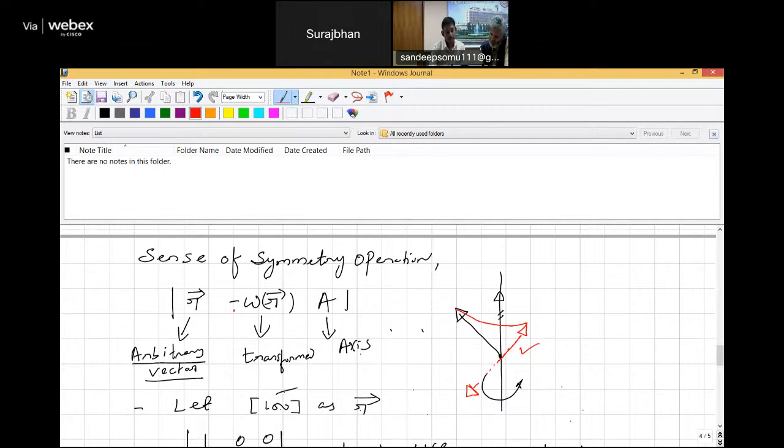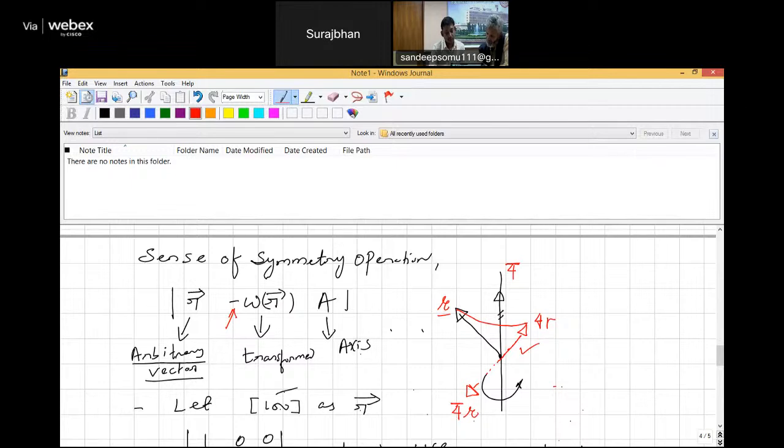That's why this minus sign is here. Say this was a 4-bar operation, and this is Suraj's vector R. Then this is 4-bar R. But by multiplying minus with minus, he gets 4R. The inversion is being removed.